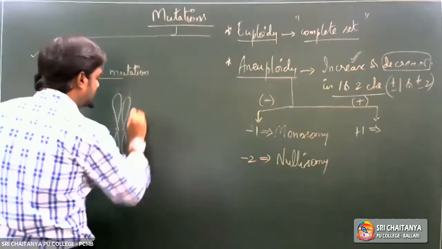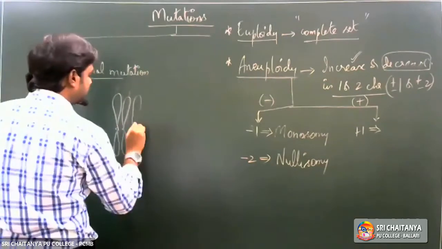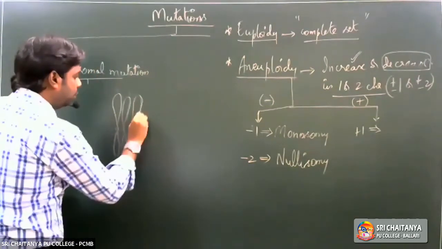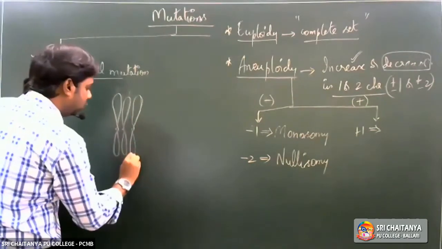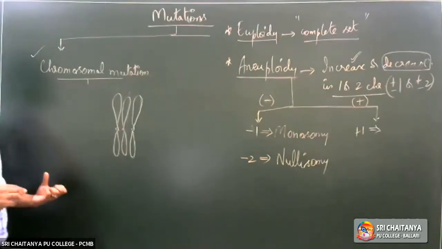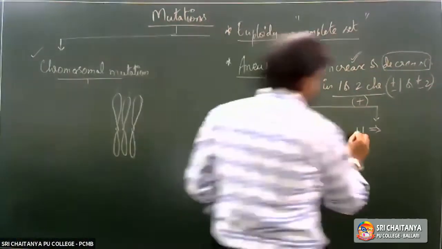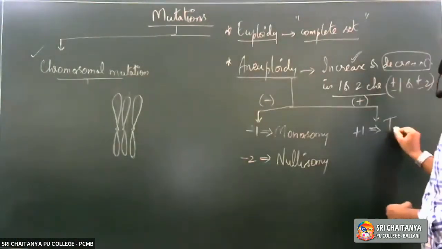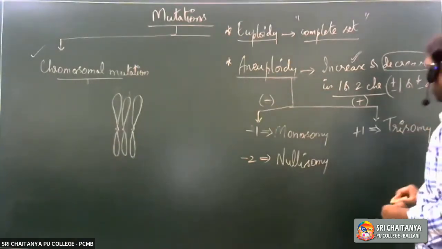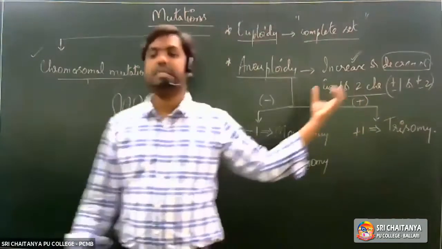If to this 1 more chromosome is added, right? So what would happen here? There are 3 chromosomes present for that particular pair. If there are 3 chromosomes present, we would start calling that condition trisomy. Right? Important terms here. We would start calling it trisomy.